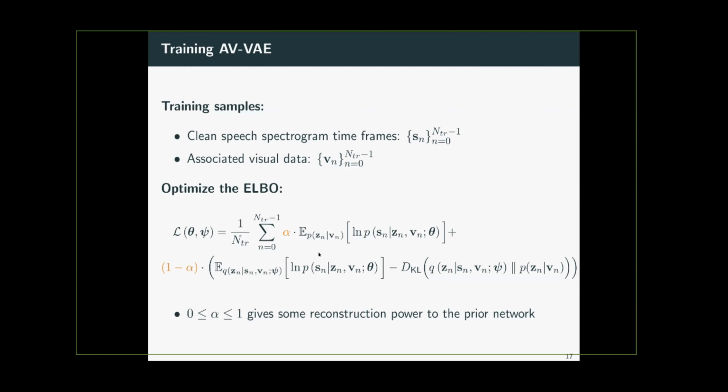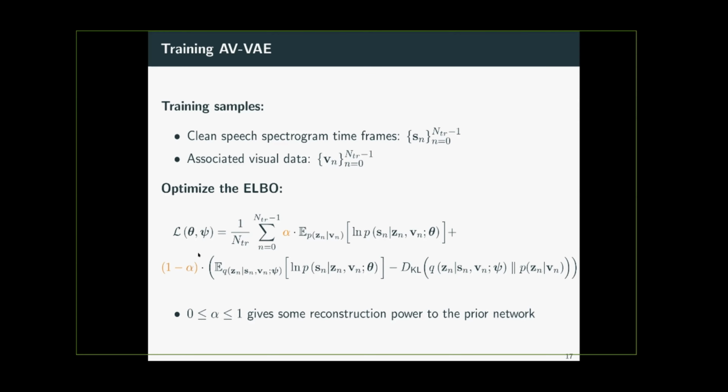Let's make a pause here to explain what I mean by this. I told you at the beginning that we were training with clean speech. If we train a generative model with clean speech, there is no reason whatsoever for which the network would actually use visual data to learn. If we train as it is directly, then the network is just ignoring the visual stream, because to reconstruct clean speech from clean speech, I don't need anything else.